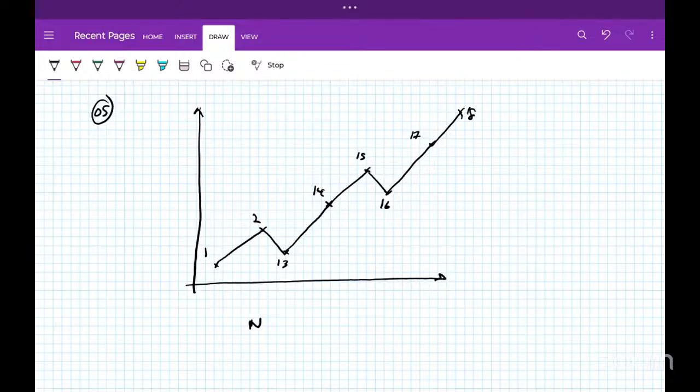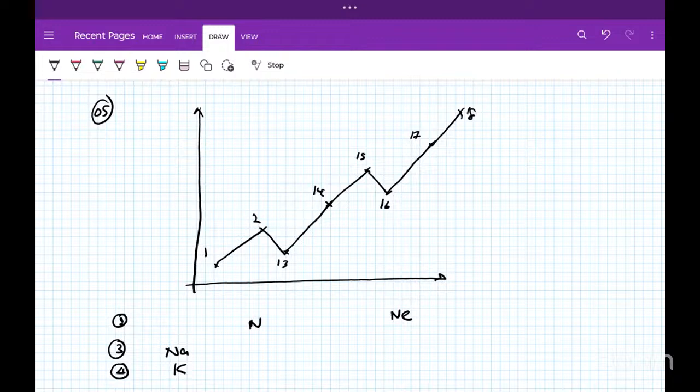So we have been asked about nitrogen, neon, and sodium. Sodium is in the third period. So this is the second period, and this is the third period. Then we have potassium, in the fourth period.